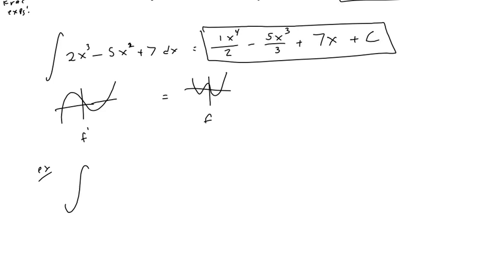X plus 1 over the square root of x dx. How do we do this one?